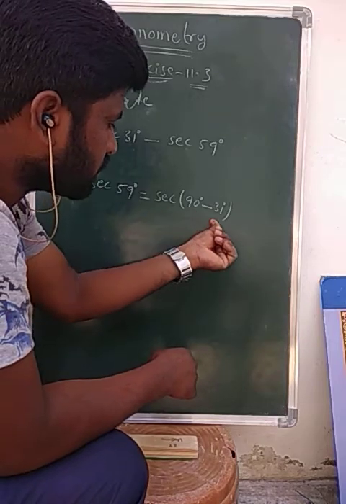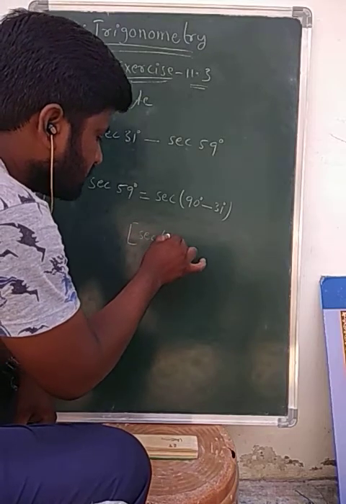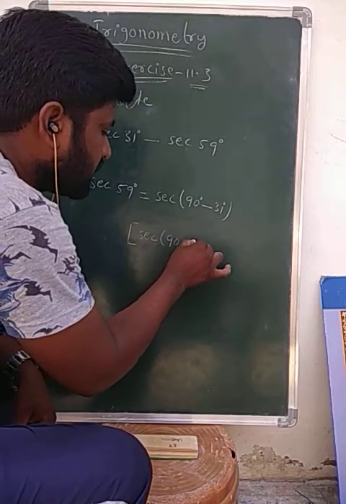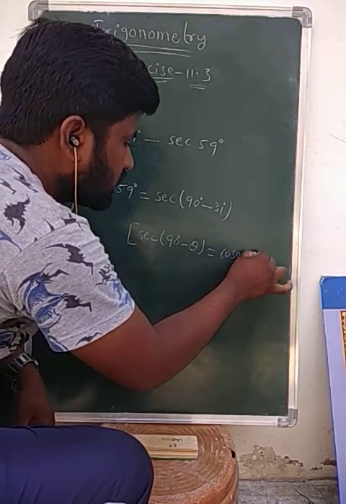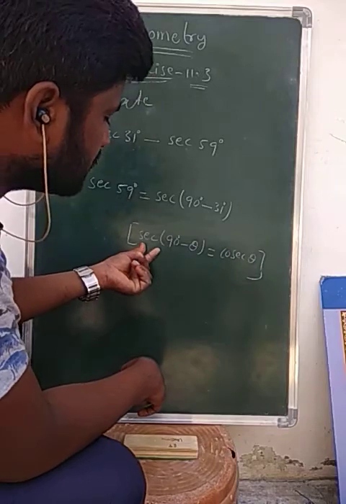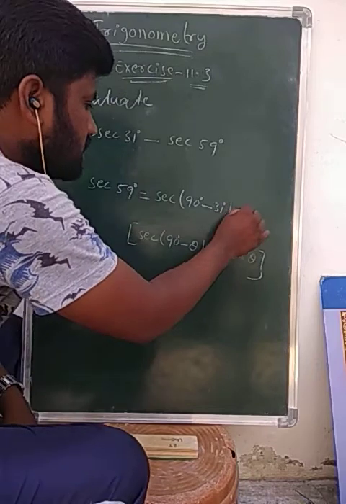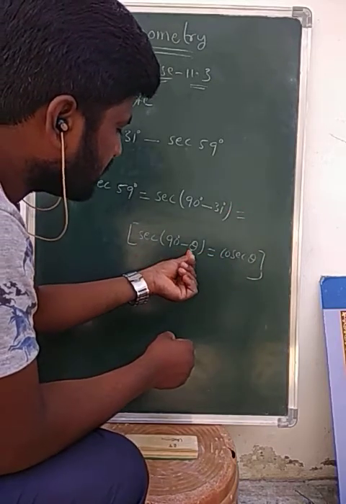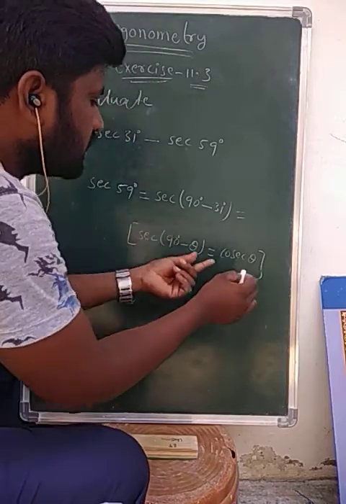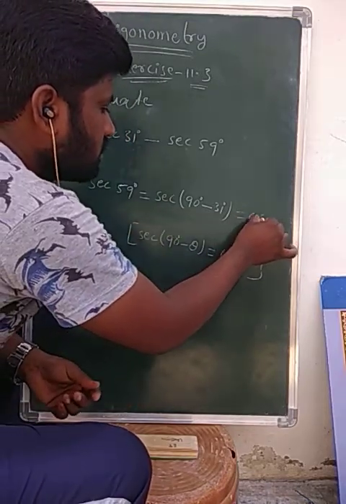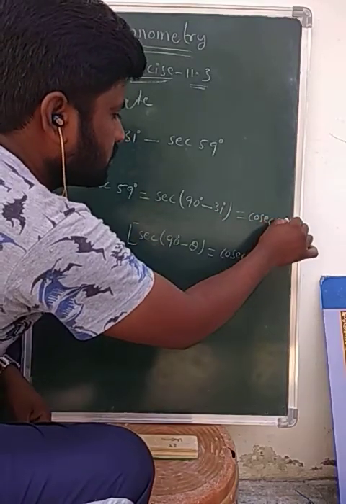Here one formula is applicable: secant of 90 minus theta is equal to cosecant of theta. So secant of 90 minus 31 degrees becomes cosecant of theta, that is, cosecant 31 degrees.